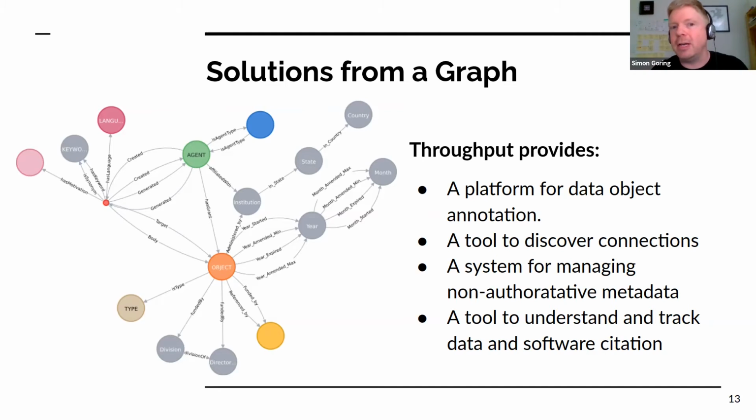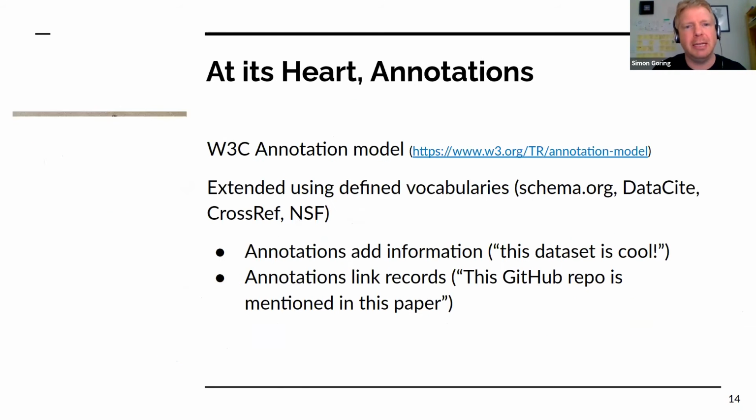A tool to discover connections, not just between a database and code repositories that use that data, but also between related databases in cases where people are doing a lot of interdisciplinary work between different databases. A system for managing non-authoritative metadata, and a tool to understand and track data and software citation. And so I'll show some examples of these things.